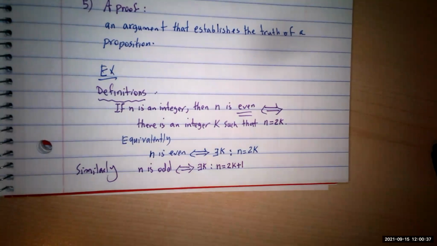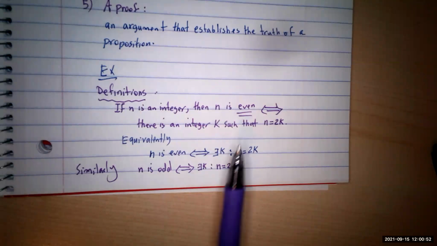That's the definition of the odd numbers. For an even number, n equals 2k, a multiple of 2. For an odd number, n equals 2k plus 1. We accept only these two as the definition of odd and even numbers, nothing else. Any question?